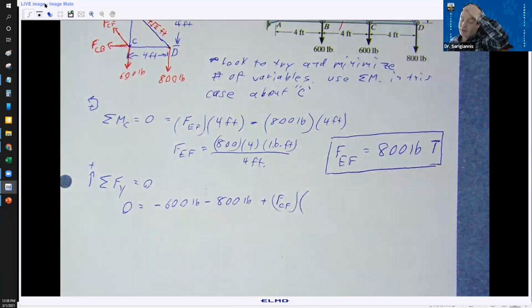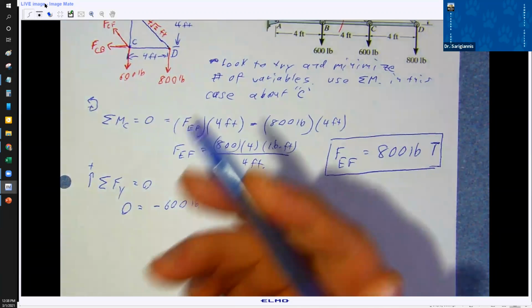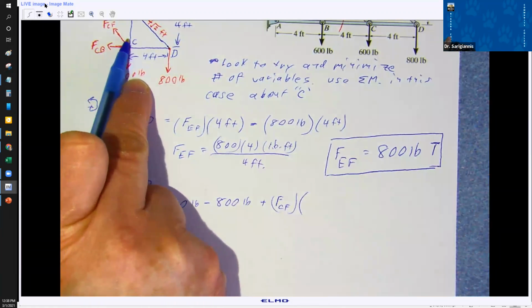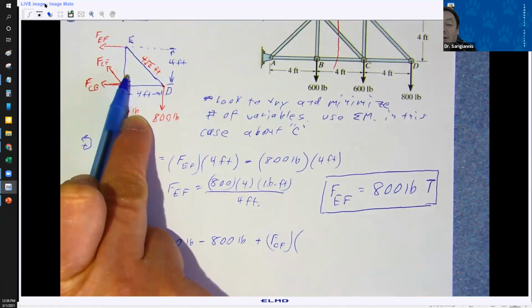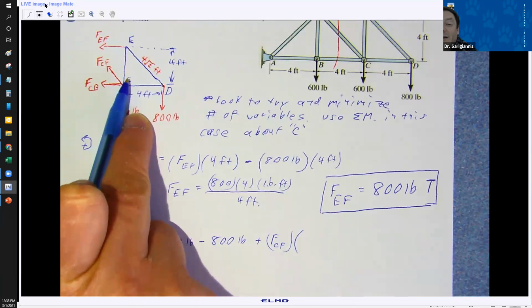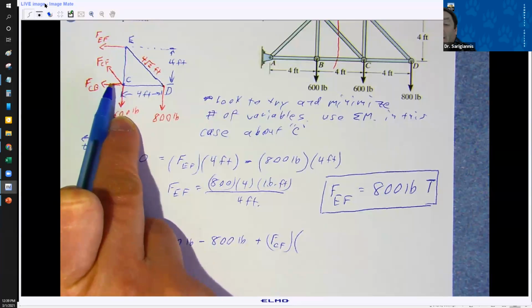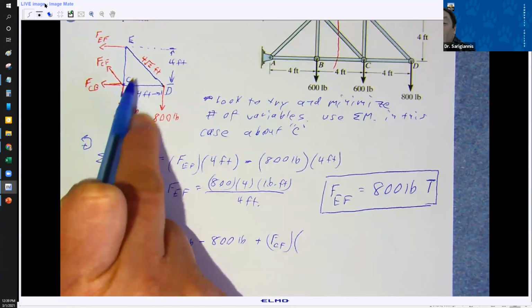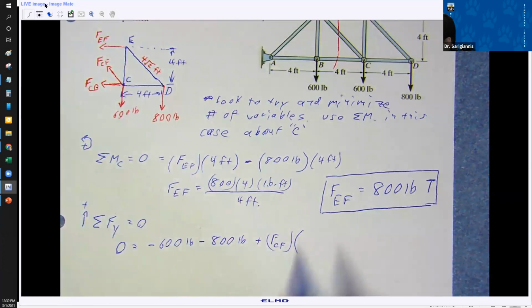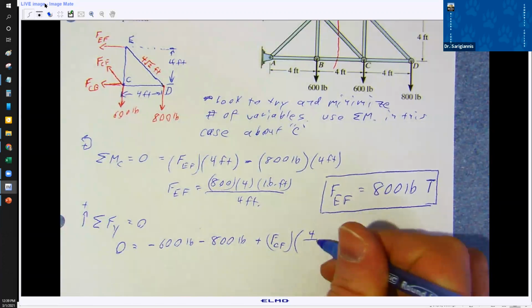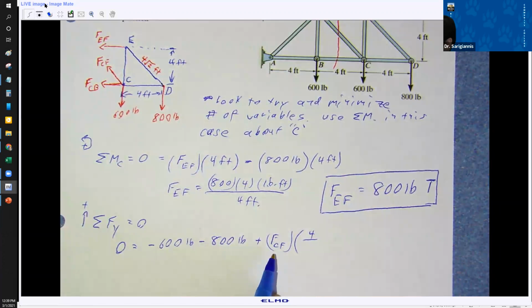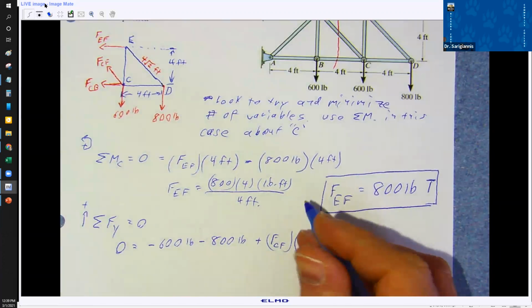Now you can do this a number of ways. You can say it's a 45-degree angle and take the cosine of 45 or the sine of 45. It doesn't really matter at this point. If you're looking at this triangle, the Y component is going to be cosine 45. But I'm going to use a ratio because I know 4 and 4 square root of 2. FCF is the hypotenuse, right?